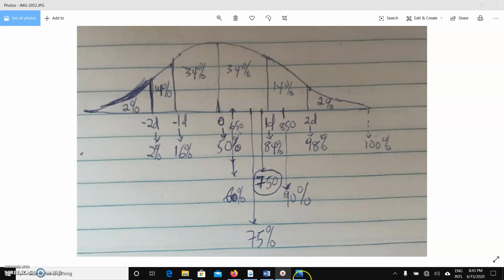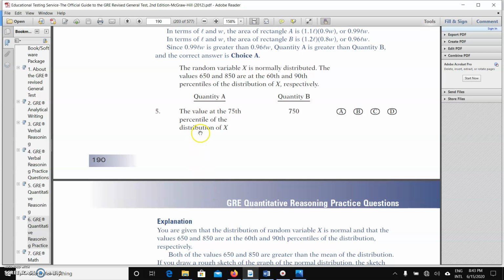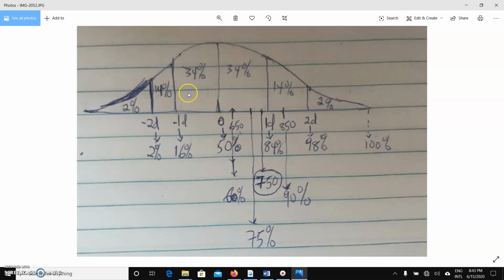Now the question is asking that let's locate 75% on the diagram. Now look at this: this is 50, and this 60. Let's say this is 60, because look at that, 60 is 650, right? 75 will now be somewhere after 60.